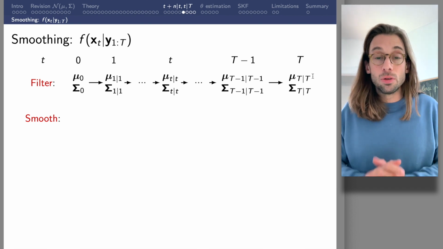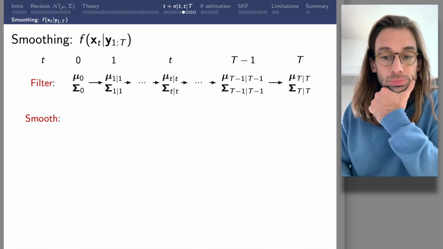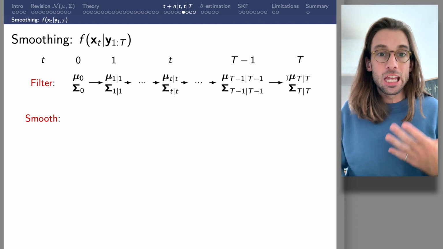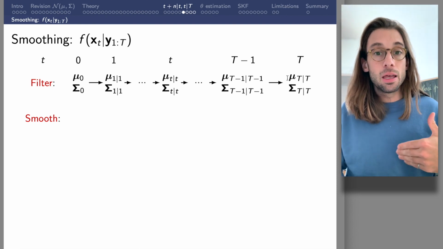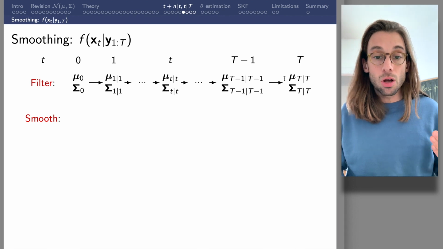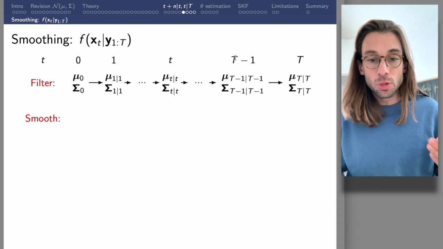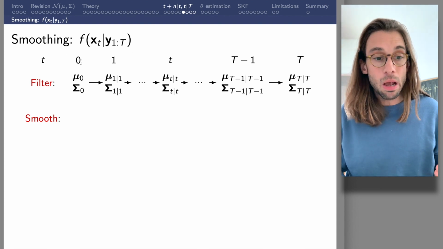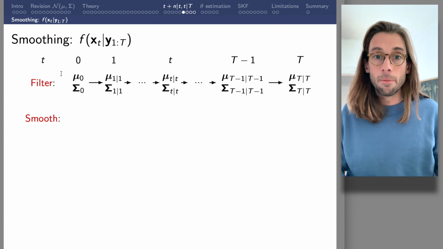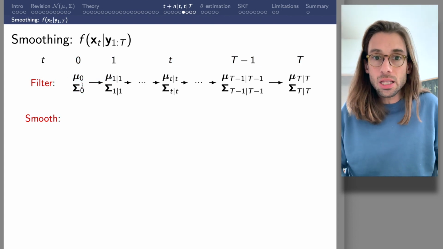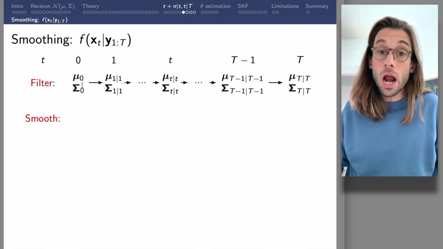Then what we have to realize is that at the last time step in my time series, my knowledge is based on more data points, because it has all the data collected from time 1 up to time T minus 1, plus my prior knowledge at time 0. Whereas at time 0, my knowledge is not based on any data, it's just based on prior knowledge.